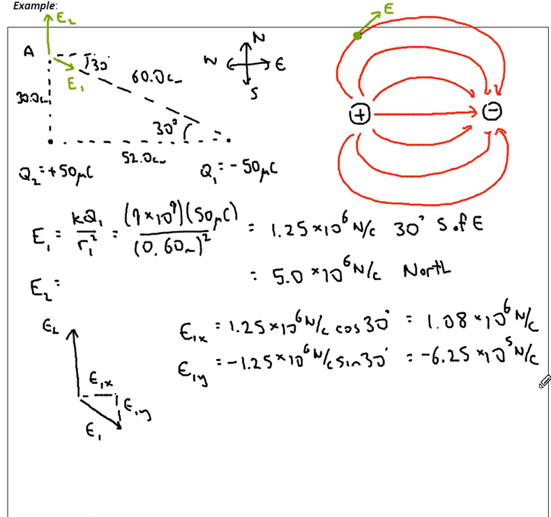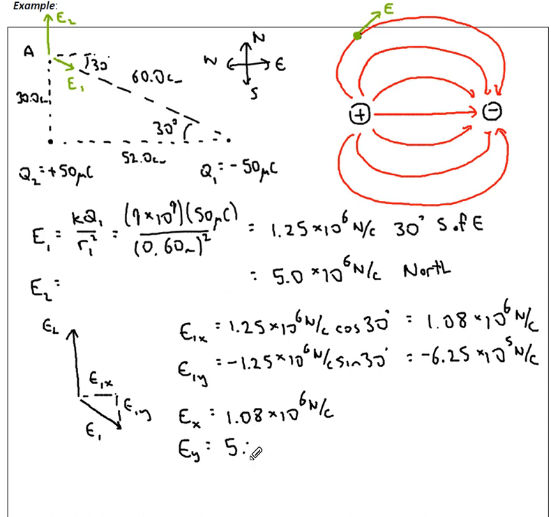Now for our resultant vector, we can see that we're going to have to subtract the y values. It's going to be E2 minus E1y. Okay, so our resultant Ex is just equal to 1.08 times 10 to the 6 newtons per coulomb. But Ey, on the other hand, we can see it's going to be upwards.